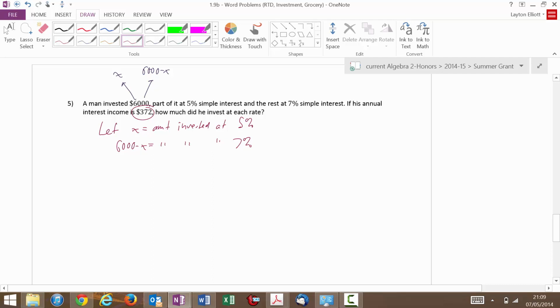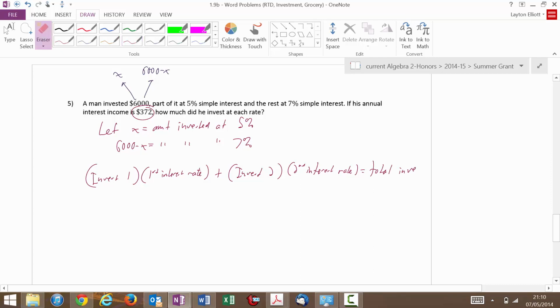Well, if I take investment 1 and multiply that by the first interest rate, and then I take that and add it to investment 2, and I multiply it by the second interest rate, I get the total interest.